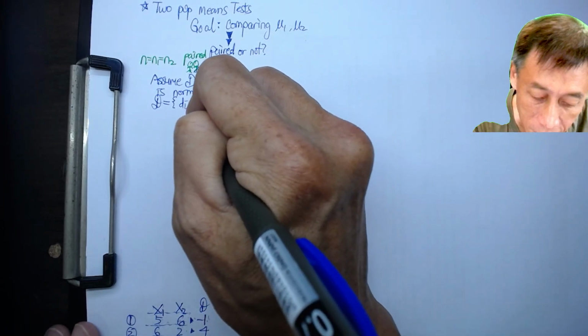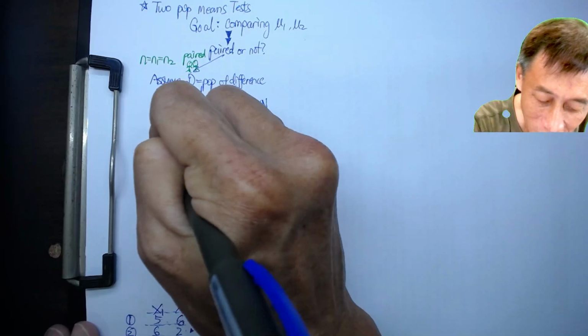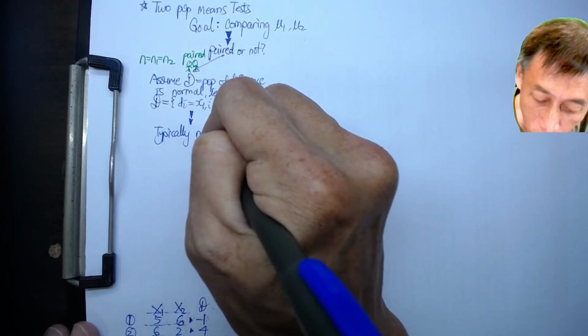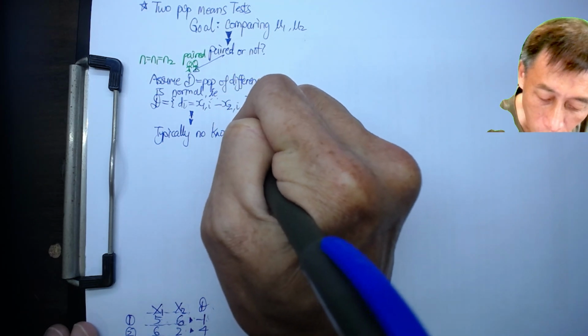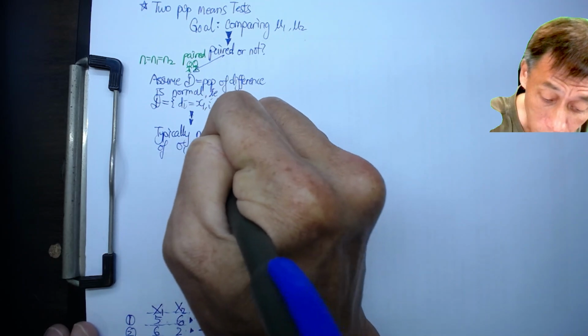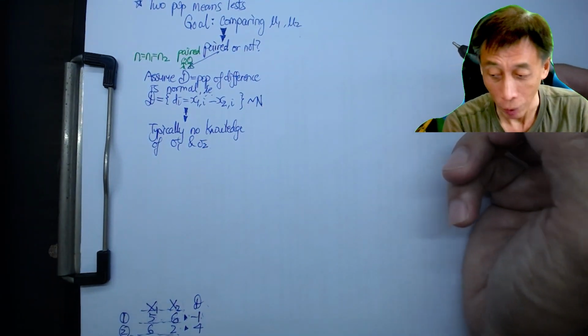Then what happens is that we typically have no knowledge of sigma 1 and sigma 2 of the X1 and X2. We have no knowledge.